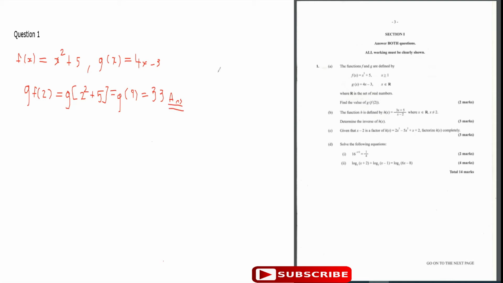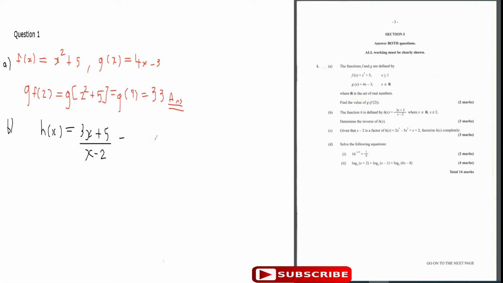Now the second part of the question says h of x is 3x plus 5 over x minus 2, and find the inverse. So this was part A, and now we're doing part B. So h of x is equal to 3x plus 5 over x minus 2.